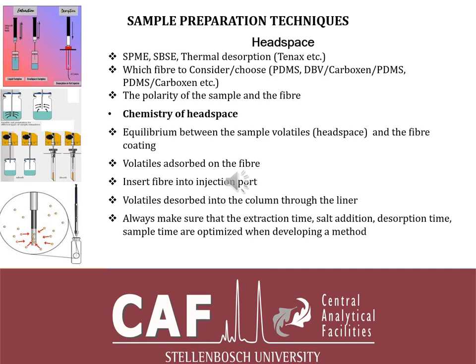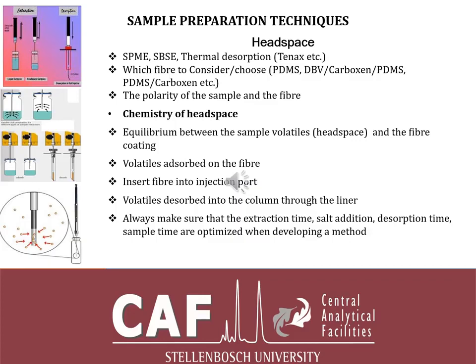And then there are different types of SPME fibers, like your PDMS, your DVB, carboxen. That's a pink fiber, PDMS is a red fiber, and then you've got PDMS, DVB, carboxen. You get different types of colors there.